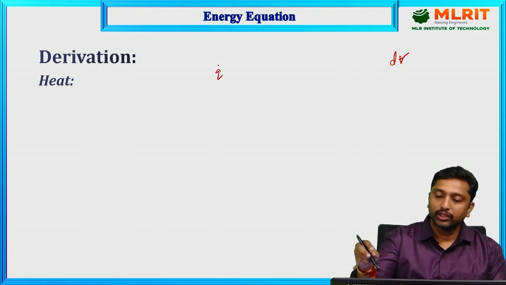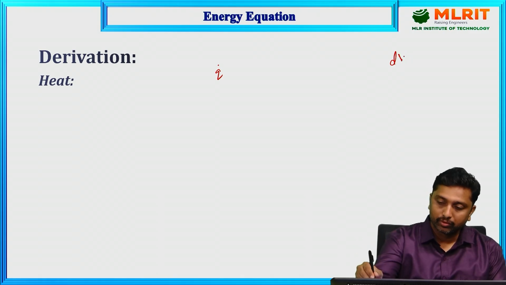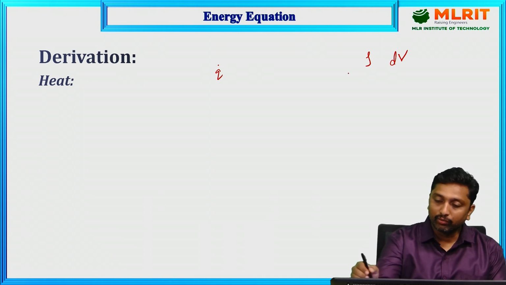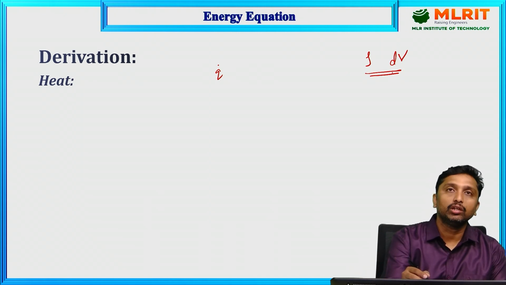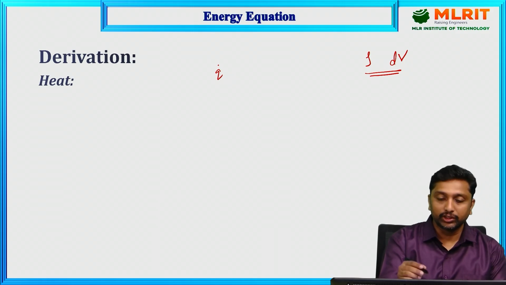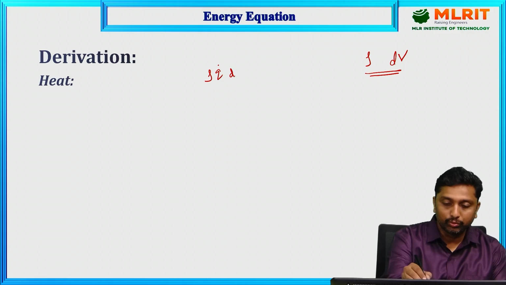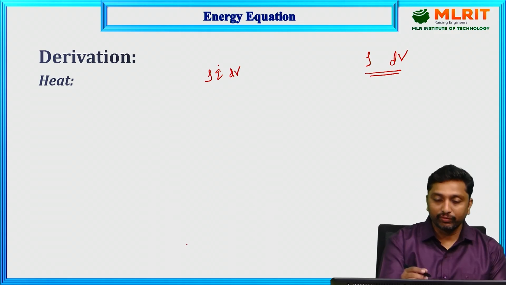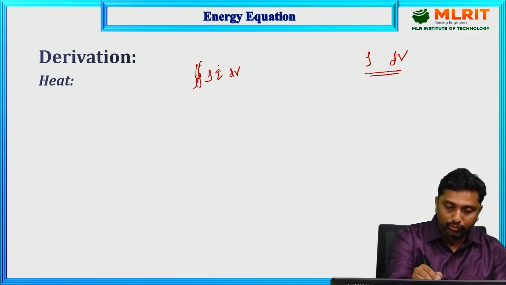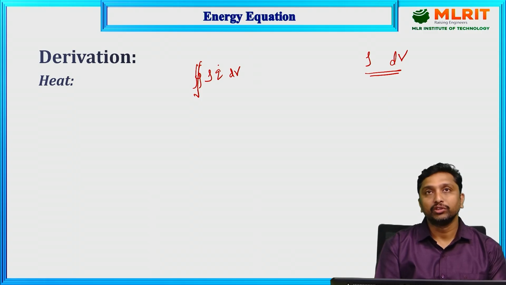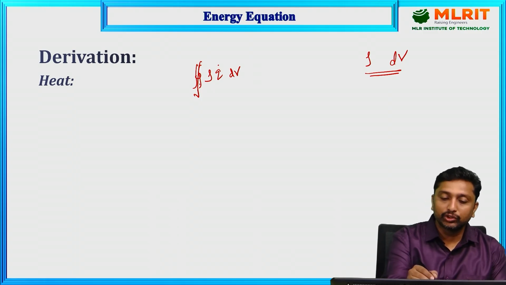If rho is the density, then for the elemental volume dV, the total heat exchange rate will be rho Q dot into dV. If we integrate it over the whole volume, the total heat added to the system will be the volumetric integration of this term.